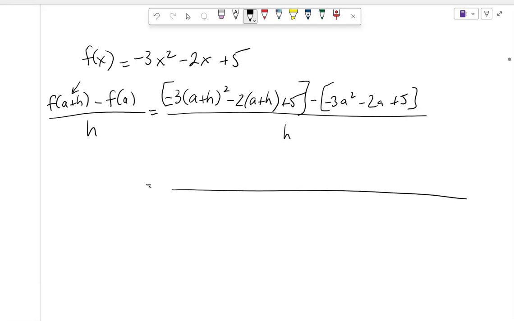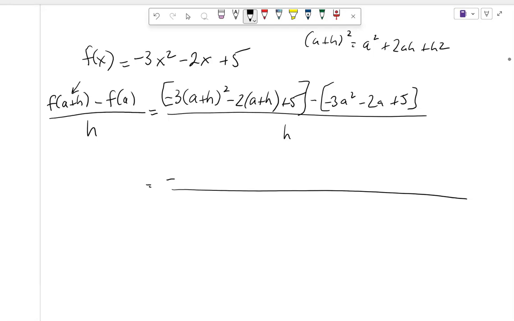So if I just do a plus h squared, what do we get when you do a plus h squared? Good, that's right. Remember, don't forget you have to distribute everything, right? That's a plus h times a plus h. Over here, I want to take that and multiply by -3 all the way through, right?